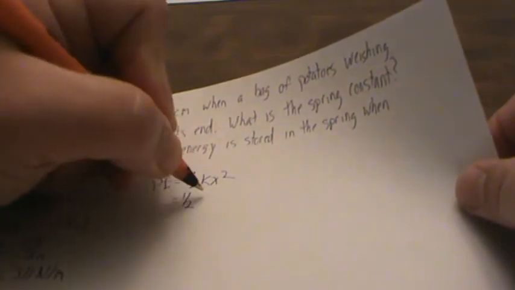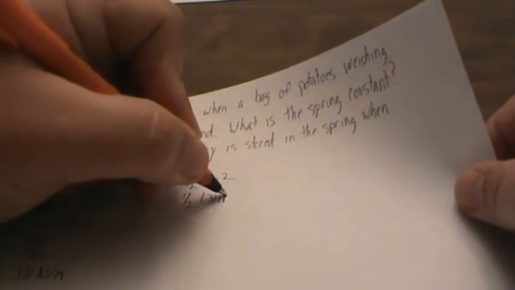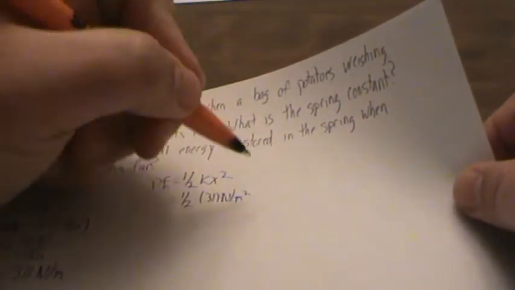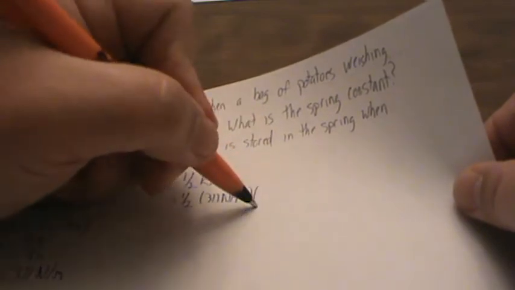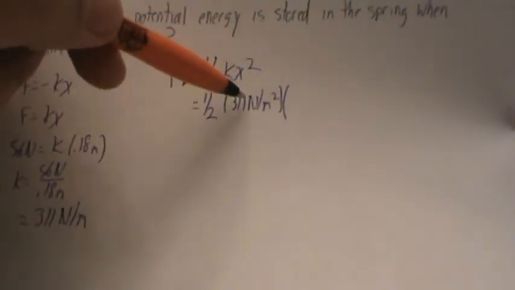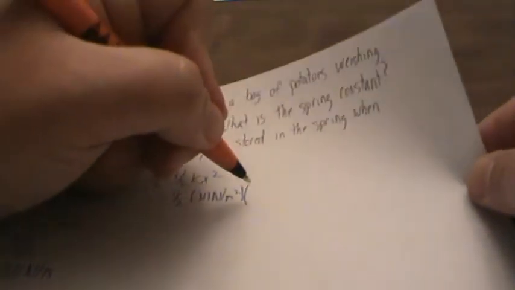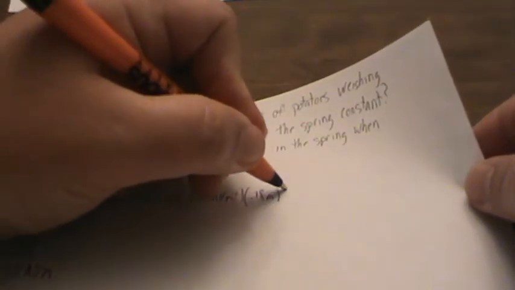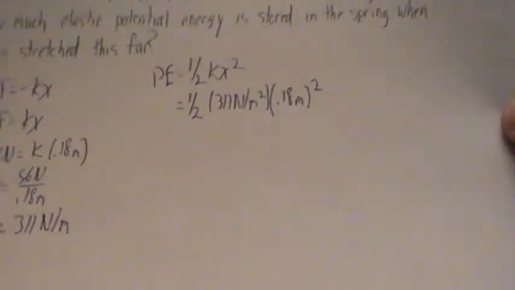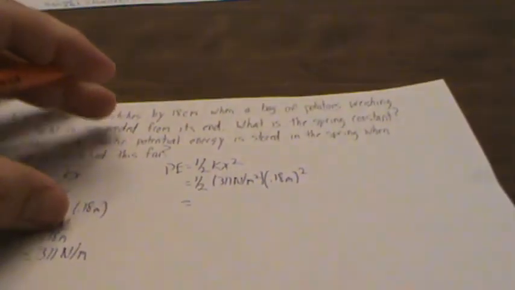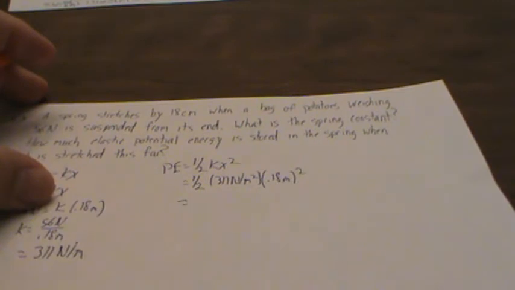So 1/2 times k, 311 newtons per meter, times our distance, 0.18 meters squared. That's 0.5 times 311 times 0.18 squared.